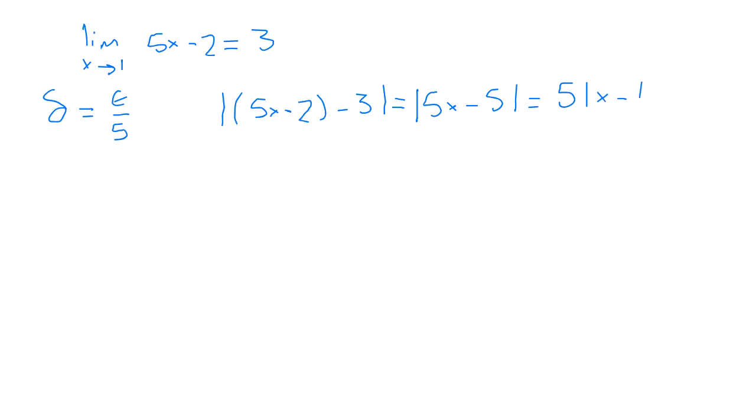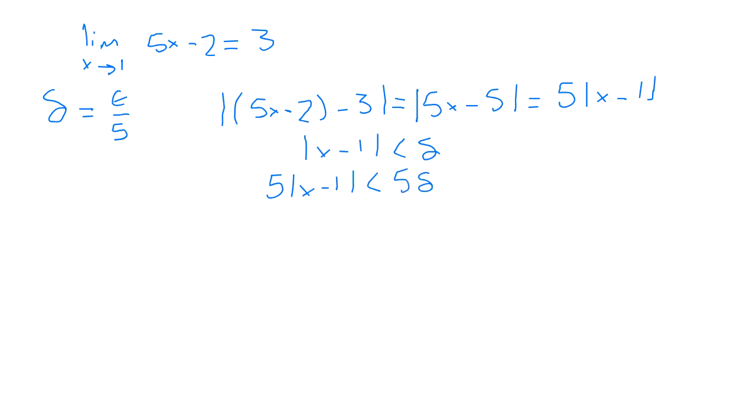Right here, we also know that |x - 1| is less than our delta. So we can say that 5 times |x - 1| is less than 5 times delta.